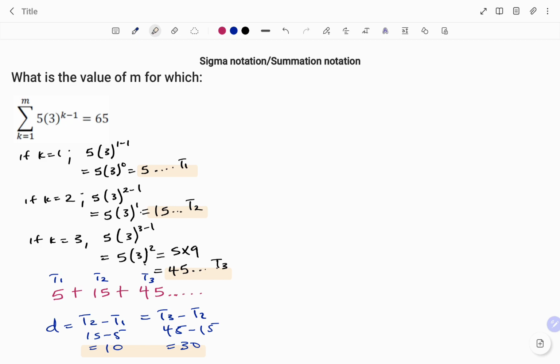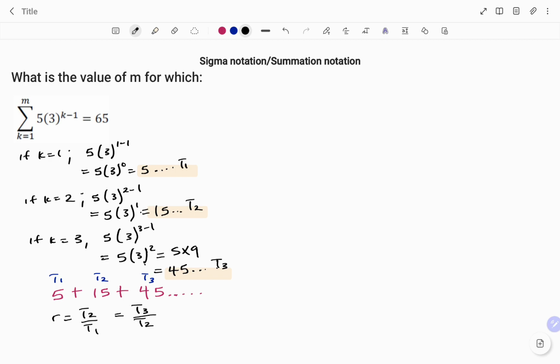So therefore, I'm going to try my common ratio. To find my common ratio, R is equal to T2 divided by T1, and the check is that must be equal to T3 over T2.